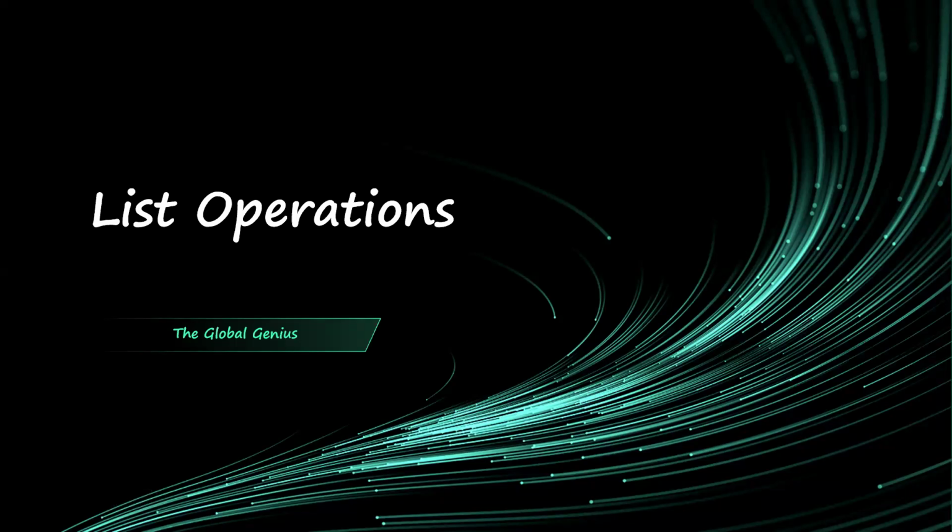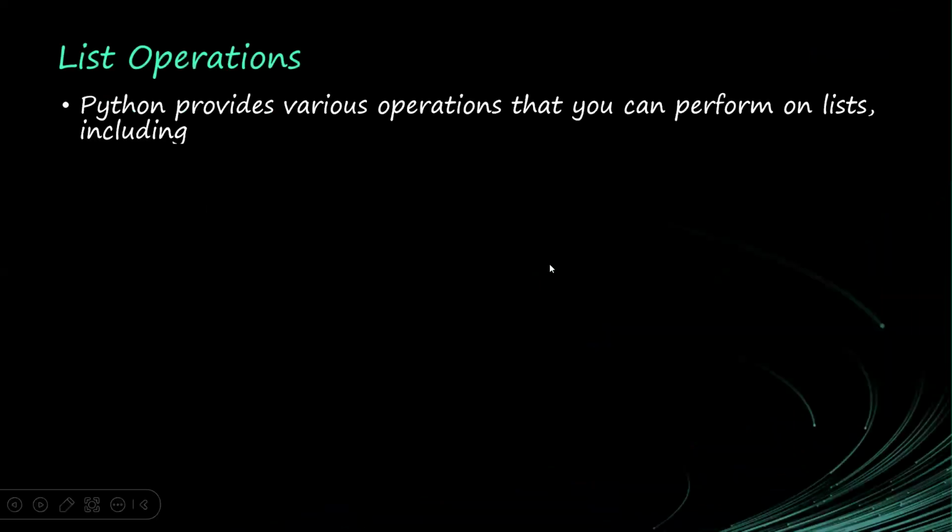Okay, so we have been talking about lists, and in the previous session we talked about some of the operations we can perform on lists. So let's continue and see more of these operations. In Python, we have a lot of operations you can perform on lists. They include indexing and slicing.